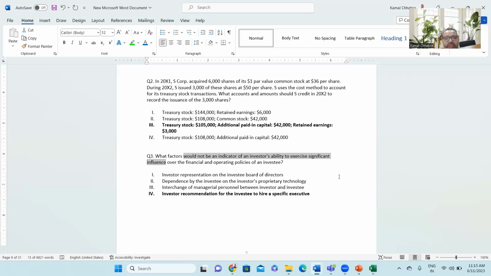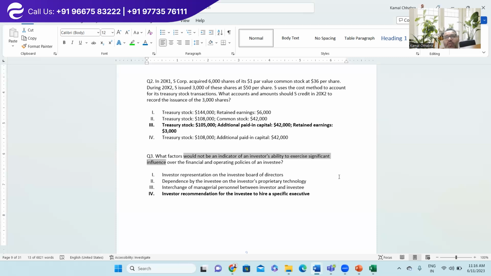So if an investor is recommending any key managerial person, would it be considered as significant influence? No, sir, because it's just a recommendation. Then the company will do their own evaluation process, right? Your HR round, technical round, and all those interviews will go on, right? Yes, sir.